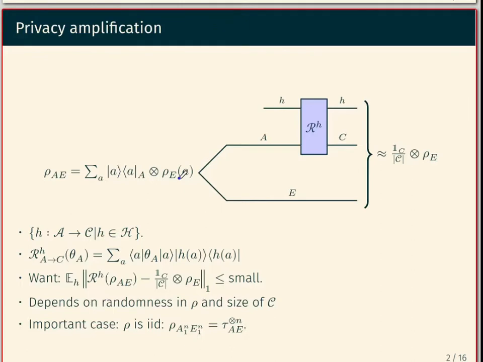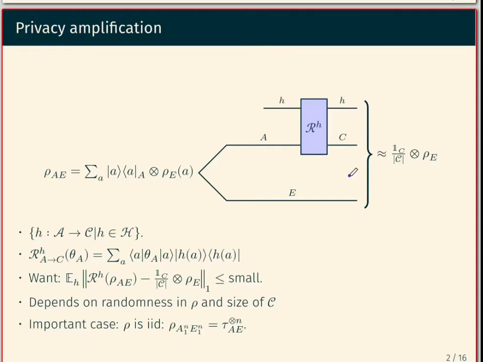during the protocol. And then the private simplification step aims to turn Alice's raw key here into the final key by means of a hash function. So what we want to do is select a hash function at random from a suitable family of hash functions, apply it to A, and then we get a C here, which is going to be the final key.